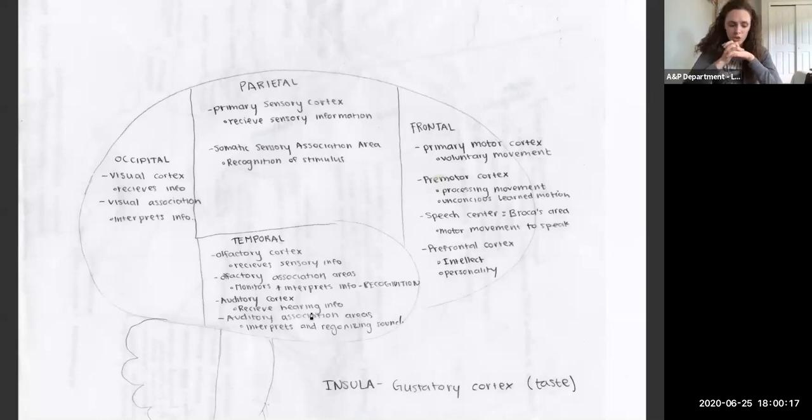So your association area recognizes a stimulus. Remember your thalamus was your little postman. It sent letters to your different lobes, filtering information from your body up into your brain. So your association areas found in the different lobes receive that message, receive that letter.